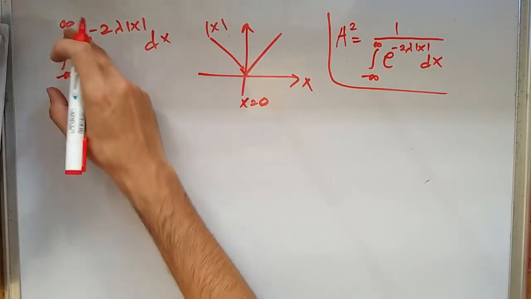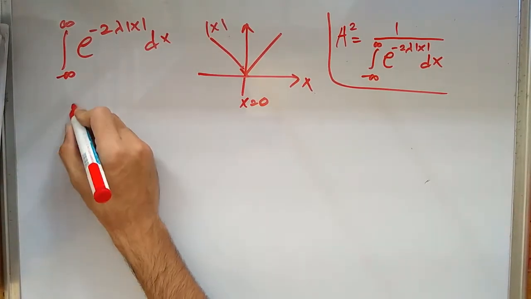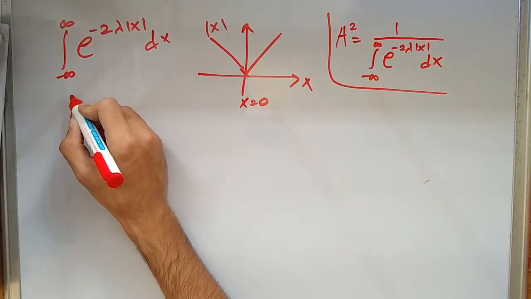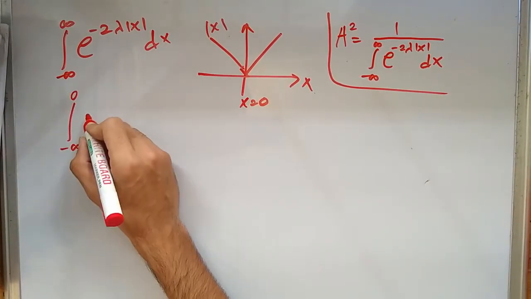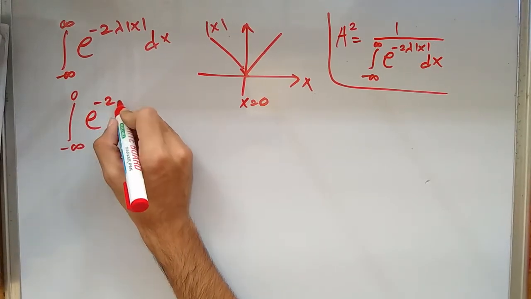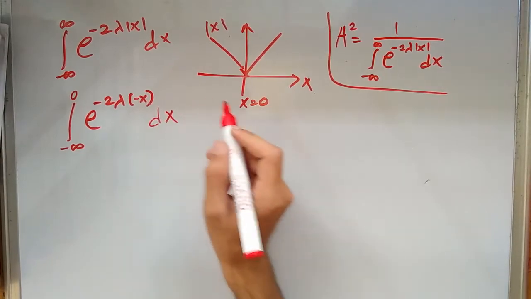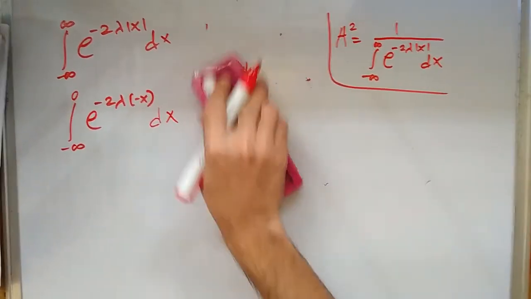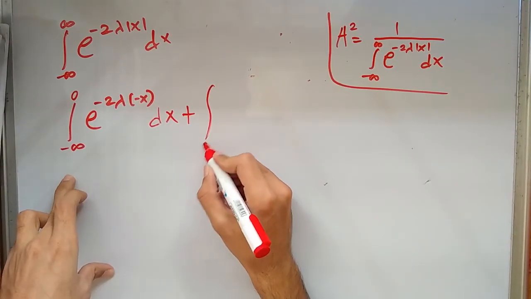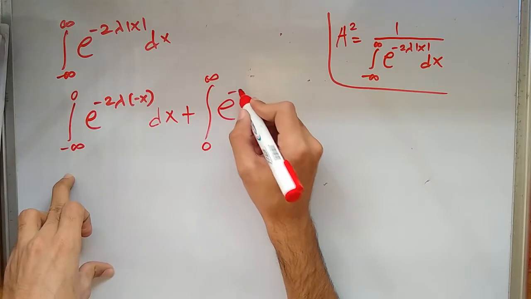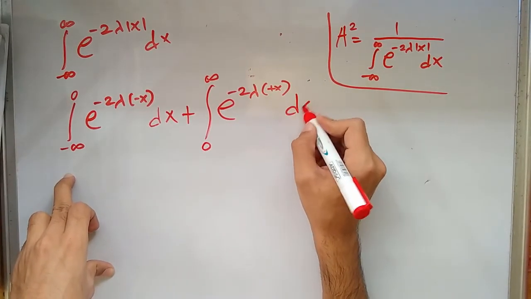So we will divide the limit of the integral in two parts. The first part will be from minus infinity to 0, where x takes negative values, so e to the power minus 2 lambda into minus x dx, plus the other part from 0 to infinity, e to the power minus 2 lambda x into positive x dx.